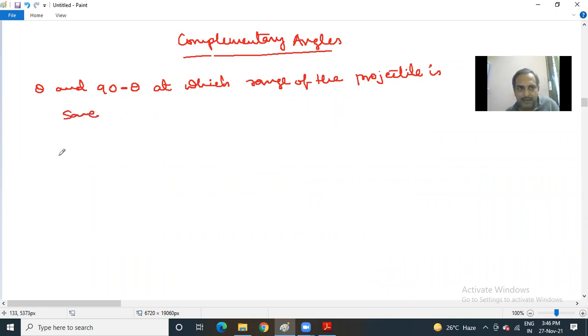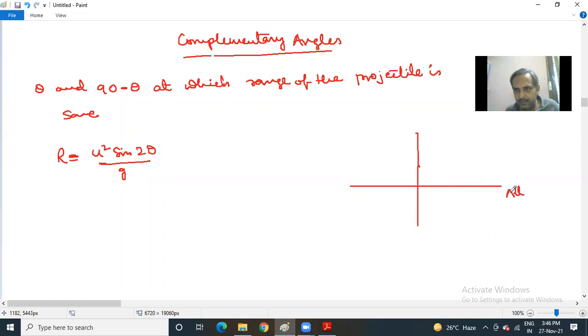So first let me take range is equal to u square sine 2 theta by g. So in trigonometry we have the concept of all silver tea cups. So here we write that 90 minus theta, 360 plus theta, all are positive.